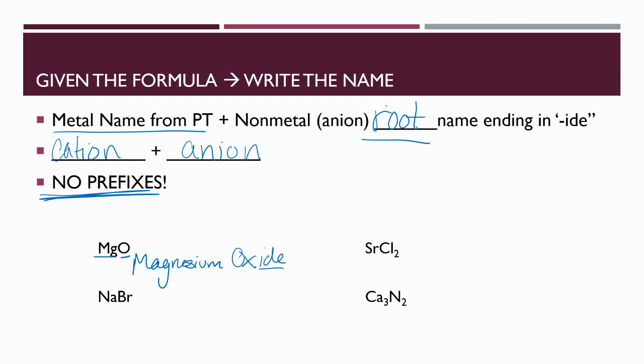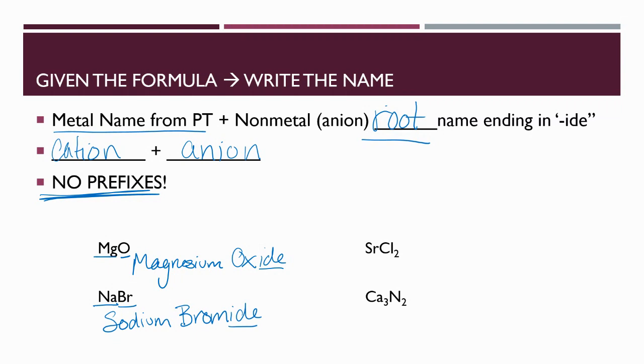So magnesium oxide. Next example, NaBr, the metal is sodium, so we just take that name right off the periodic table. Its partner is bromine. They're chemically bonded, so instead of bromine, we're going to change it to bromide, so sodium bromide.